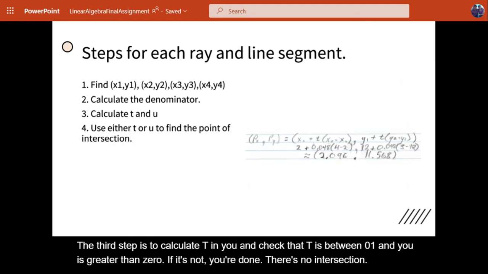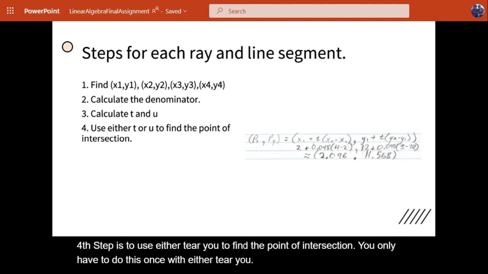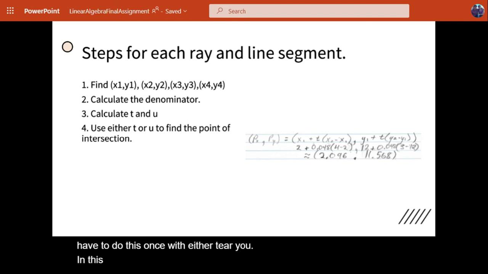Our fourth step is to use either t or u to find the point of intersection. You only have to do this once with either t or u. In this case, I'm using an approximate decimal value for t. A computer would use a slightly more exact calculation.